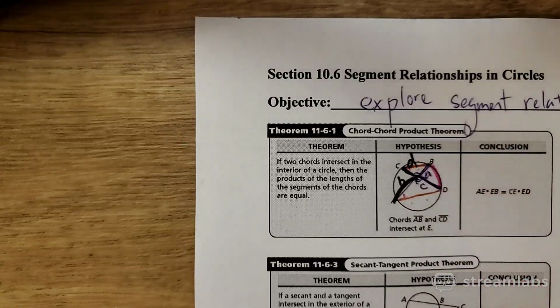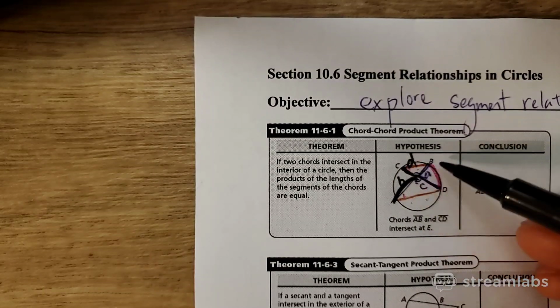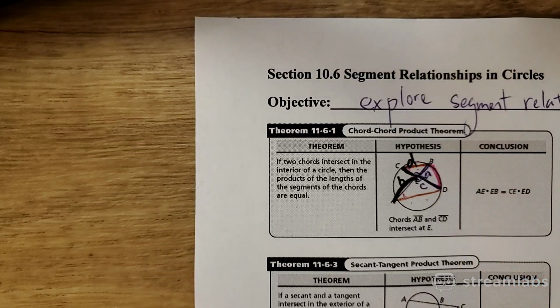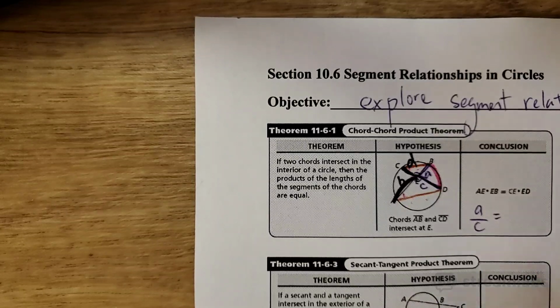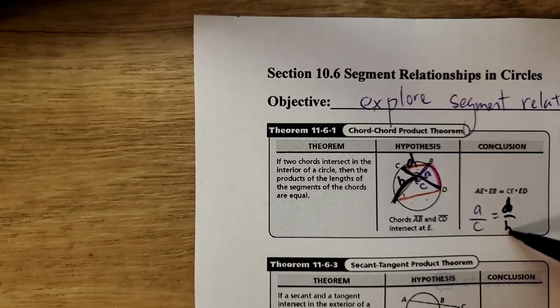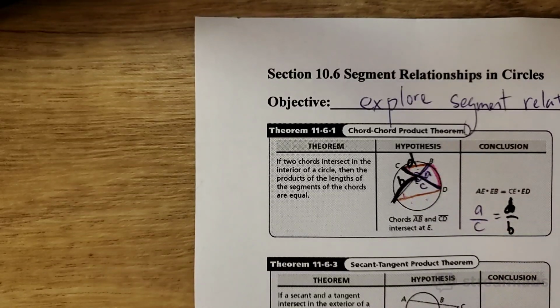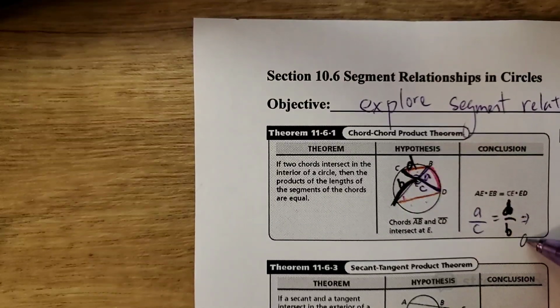Okay. Because of the similarity, we can say A over C is equal to B over D. If that's the case, then when you cross multiply, you can get AB equals DC.